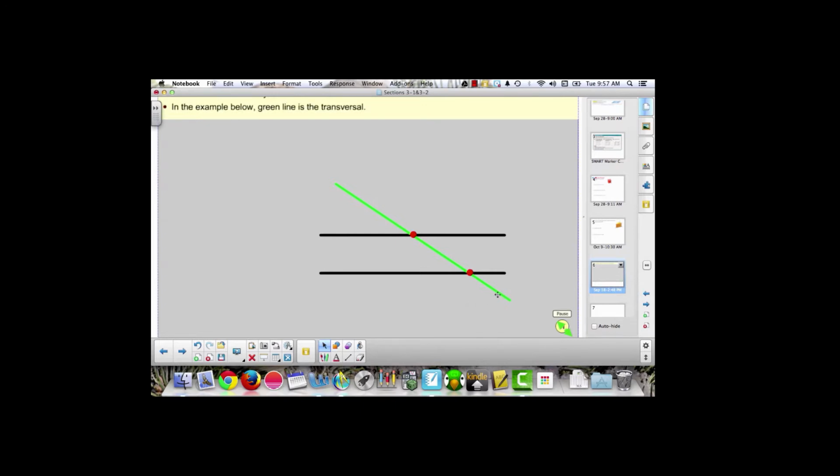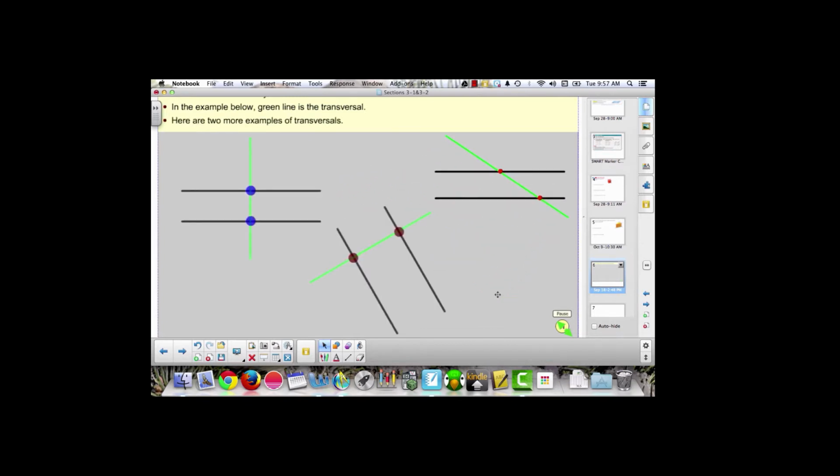That green line is a transversal. Here are some other examples of transversals. Now remember that it could be a system of two or more lines, and these examples only show systems of two lines and a transversal.